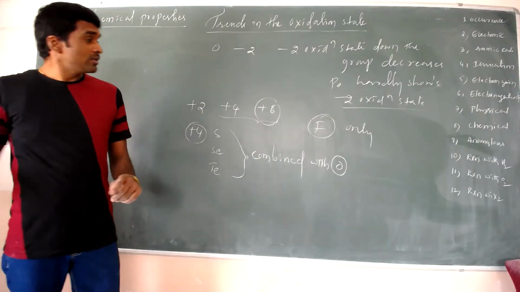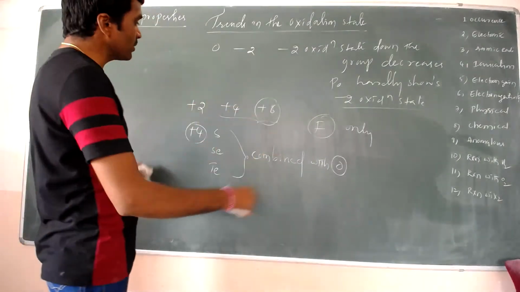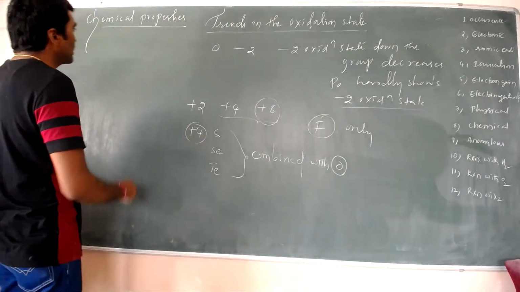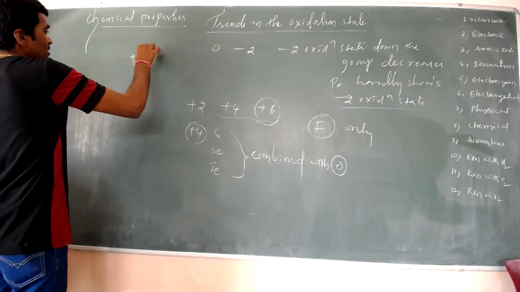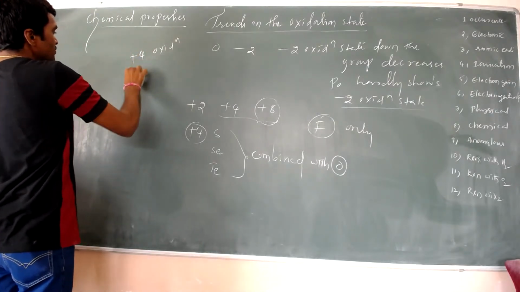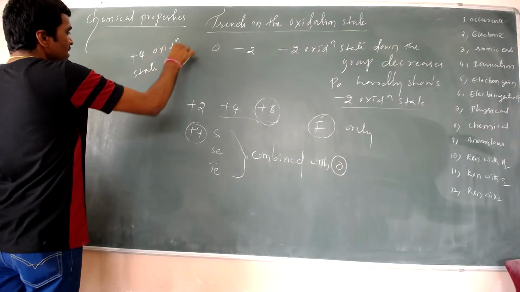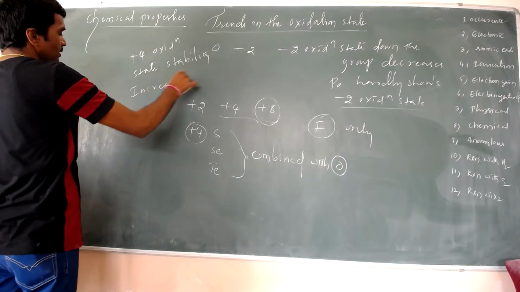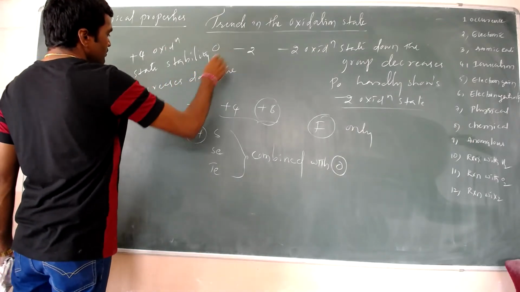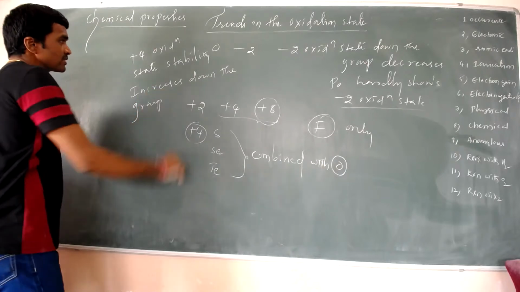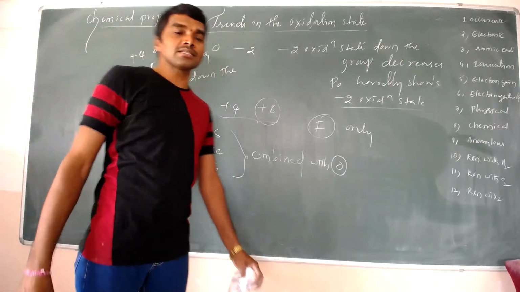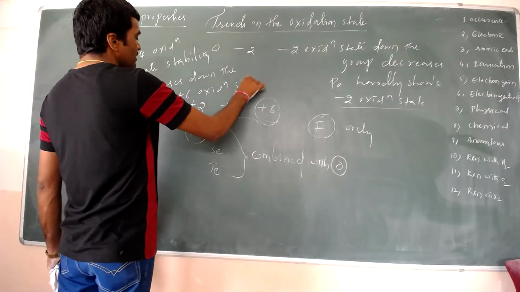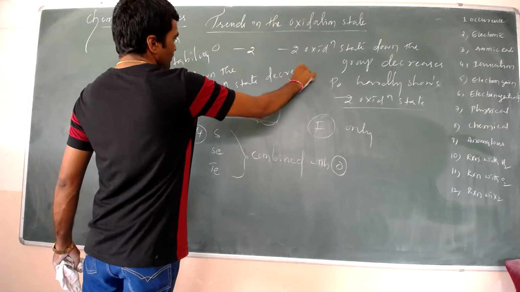But anyhow, my dear students, the important point you remember is that the stability of the +4 oxidation state increases down the group, but the +6 oxidation state decreases.